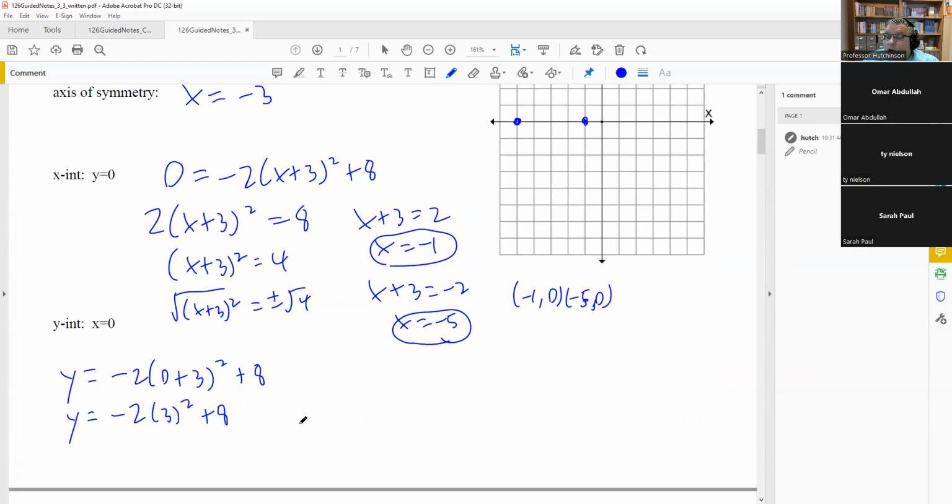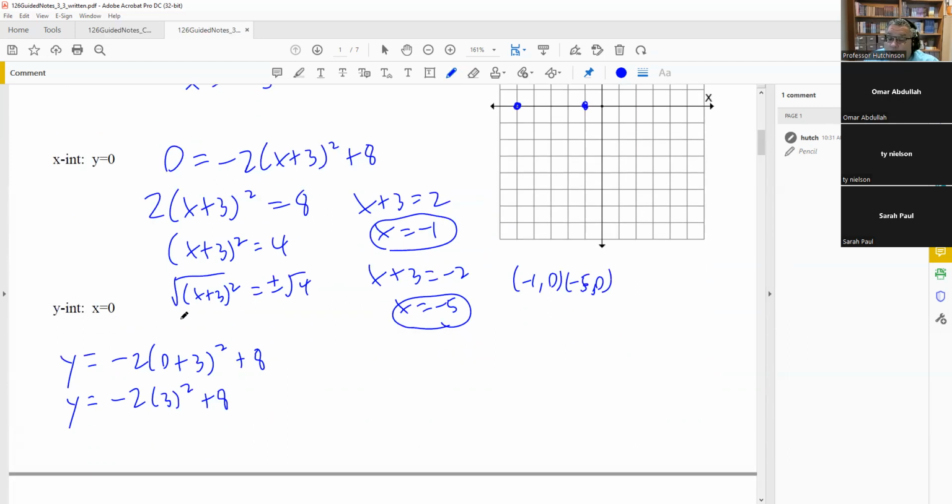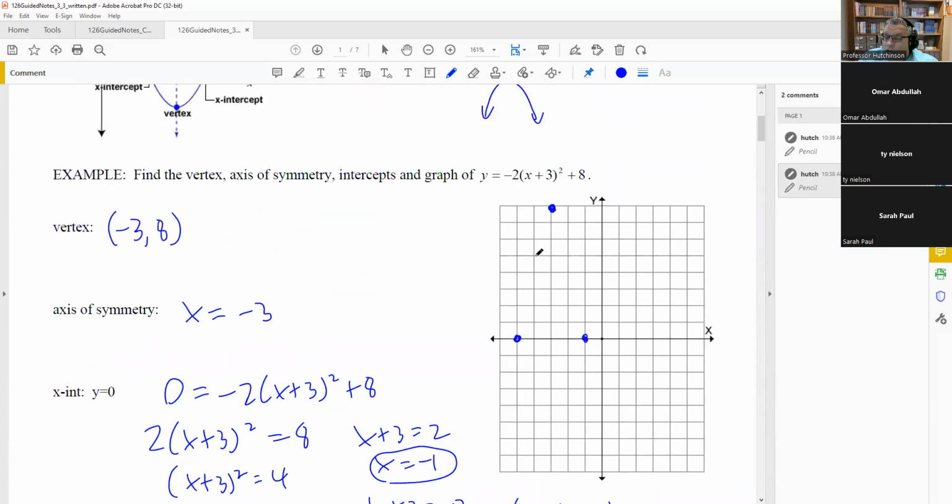We want to follow our order of operations, which says we have to square first. So we get negative 2 times 9 plus 8. Simplifying, negative 18 plus 8 is negative 10. So negative 10 is what we get as a result from that original equation.